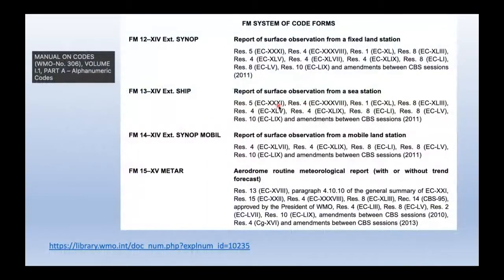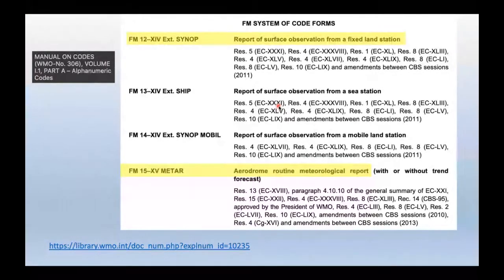So just to give you a little perspective, this is a small excerpt of a very long tabulation of different code forms that are authorized by the World Meteorological Organization. And you'll see METAR down here, that's primarily associated with airports.